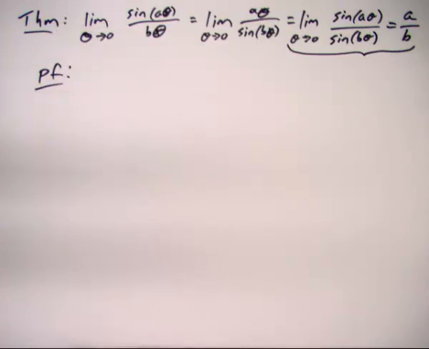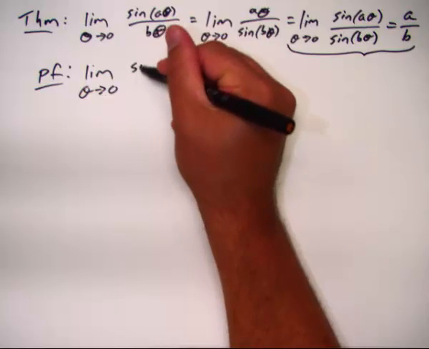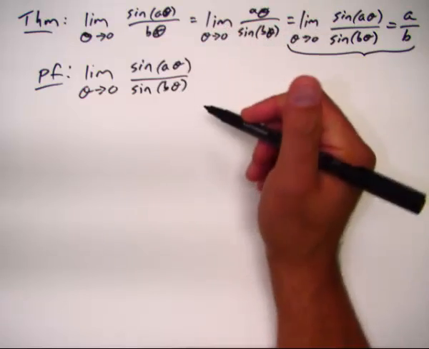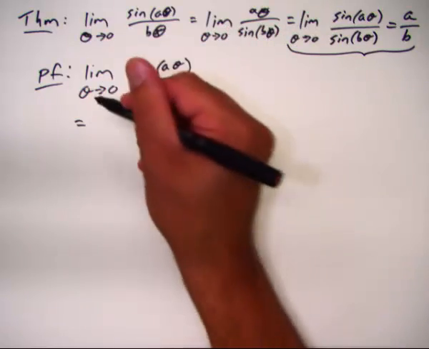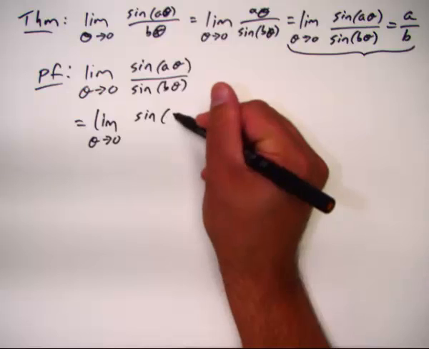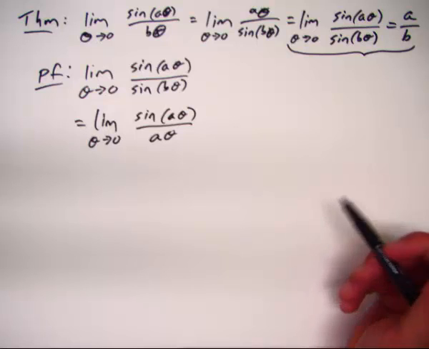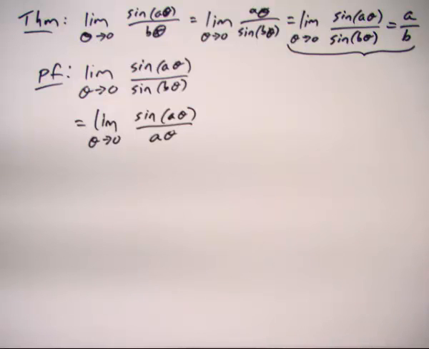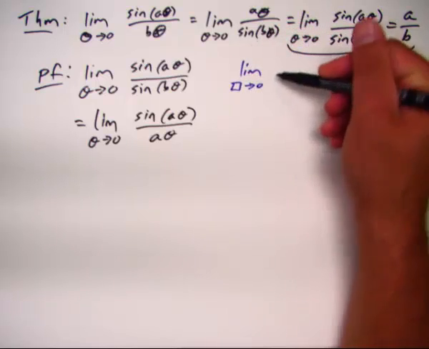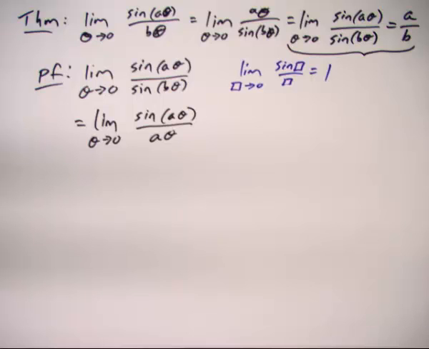So proof of that part: if I have the limit as theta goes to 0 of sine of a theta over sine of b theta, well, what I can definitely do with it is look at sine of a theta, and say that if I had a theta on the bottom, that certainly gets me very, very close, because the limit that I know, the thing that I'm allowed to play with, is the limit as box goes to 0 of sine of box over box is equal to 1.